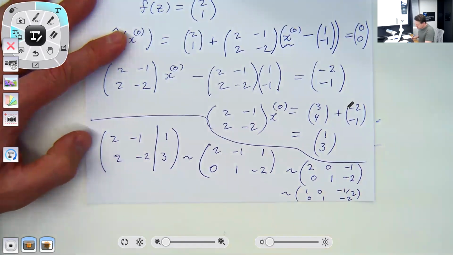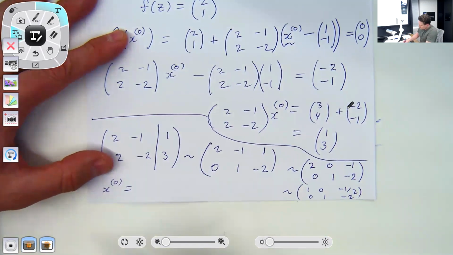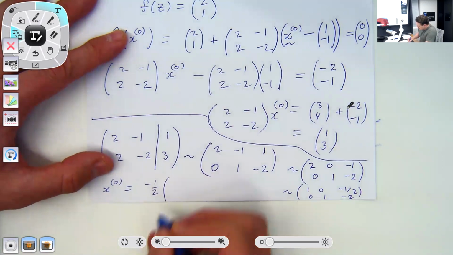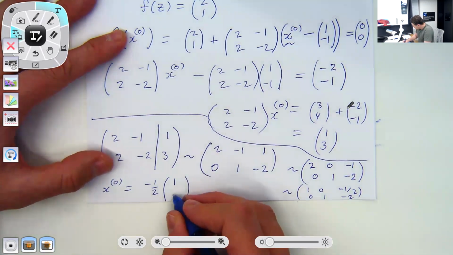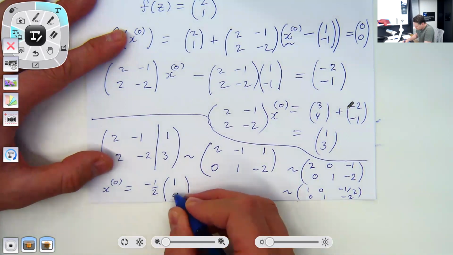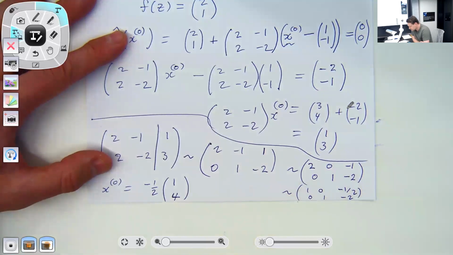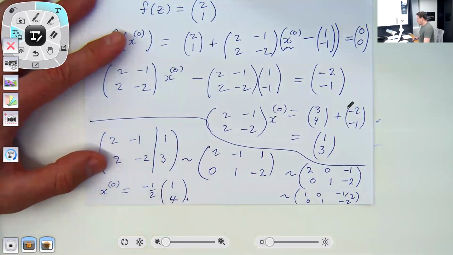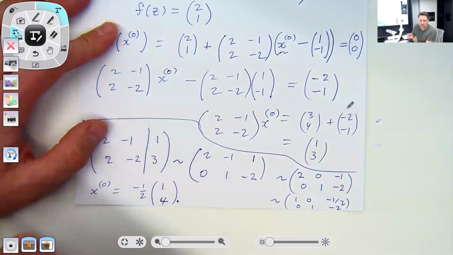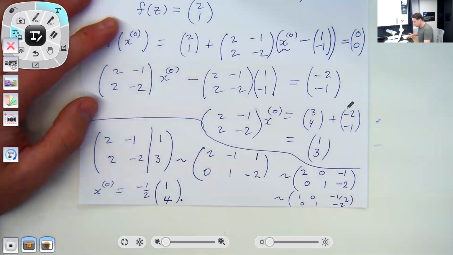Okay, so that tells us that x superscript 0 is minus a half, and then here we can just put the 1 and then 4 to be equal to minus 1 half minus 2. Just because this maybe is a little prettier, I don't know. And that agreed with what I got when I took the inverse and multiplied the inverse on both sides.